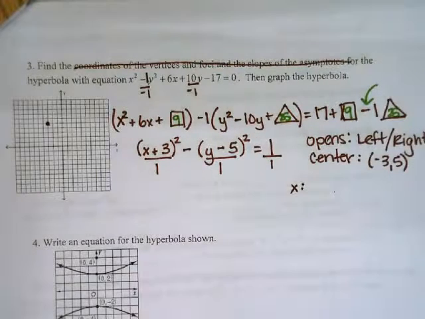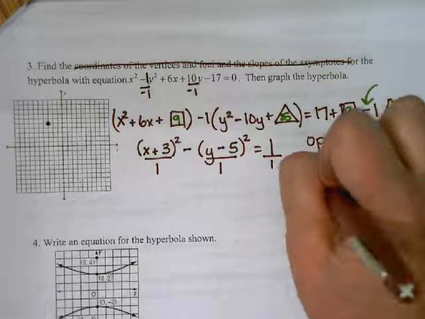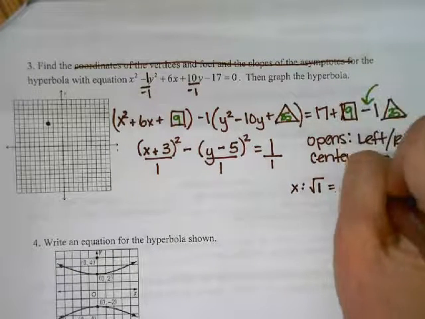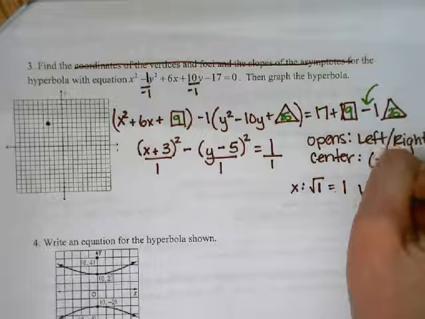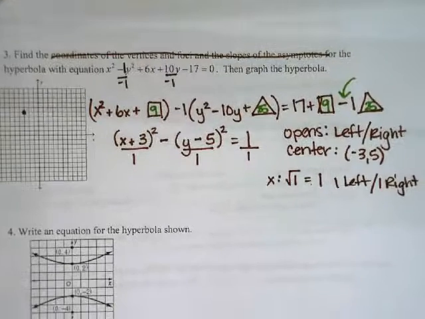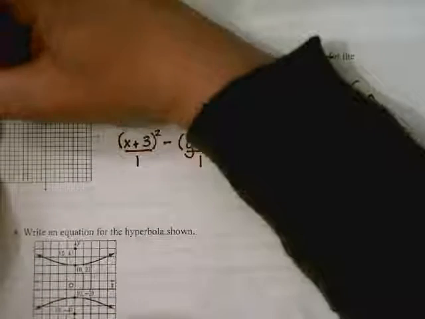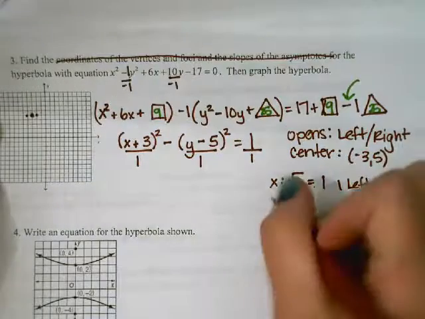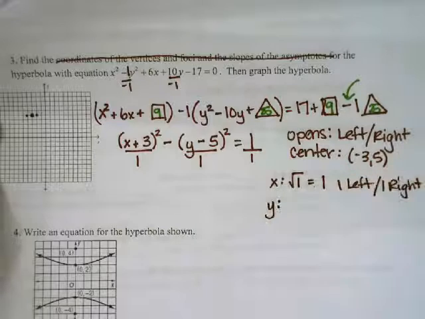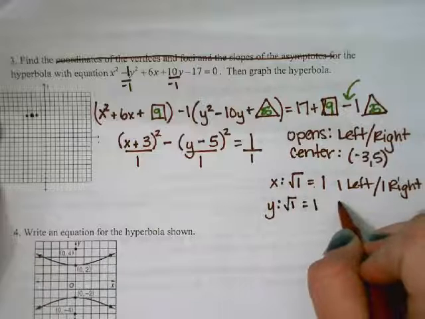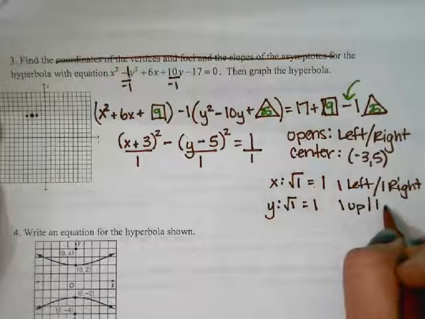Take the denominator of your x. It's 1, so I'm going to go the square root of 1, which is 1 to the left, 1 to the right. Y, square root of 1, which is 1. 1 up, 1 down.